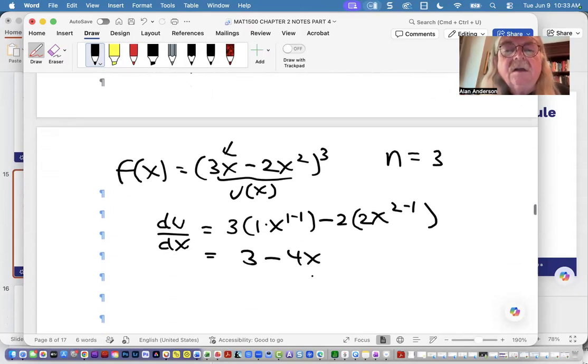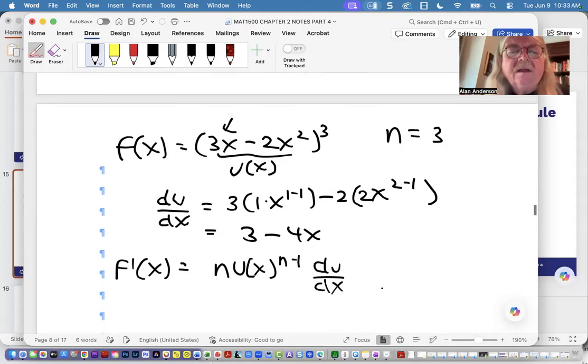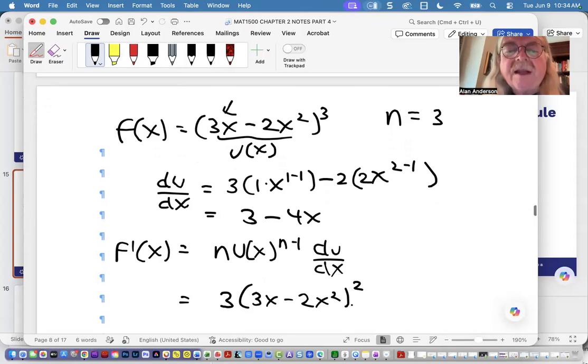So what you actually end up with here is this. Therefore we have 3. Remember, n is 3 in this case. u of x is that 3x minus 2x squared. And then we have du dx, which is that 3 minus 4x.